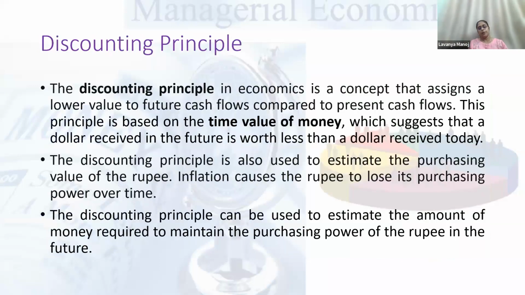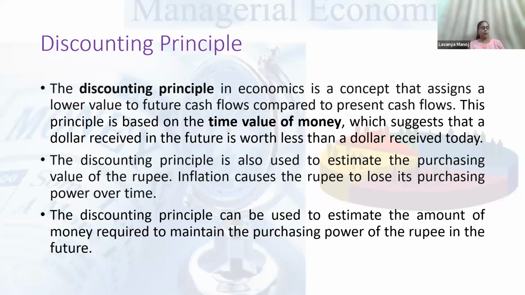Then is the discounting principle. From the organization's point of view, this criterion is quite different. From the consumer's point of view, it's always beneficial. If you are getting a discount for a particular product, it's always beneficial. But from the company's point of view, discount is something which may lead to a kind of loss-like situation.